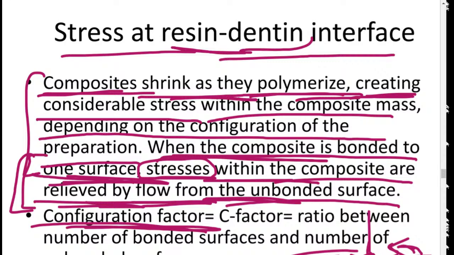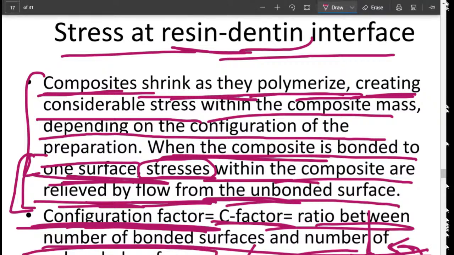Here we can see free walls. These are all free walls that will not affect the teeth. Configuration factor, C factor, is the ratio between number of bonded surfaces and number of unbonded surfaces, as we just explained.